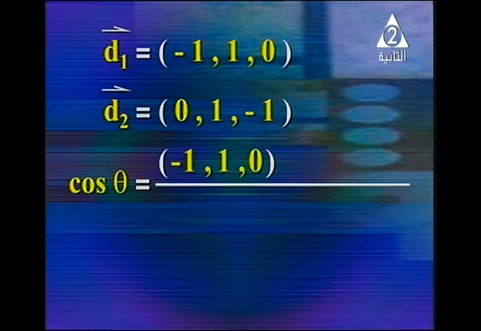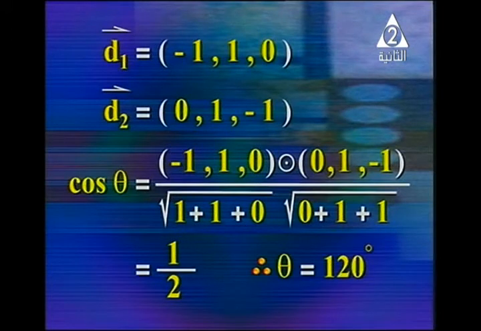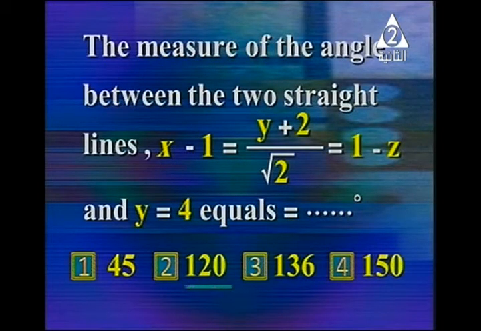By using the rule, cosine theta equals d1 dot d2 over norm of d1 times norm of d2, which equals 1 over 2. What is the angle whose cosine is 1 over 2? Excellent student, 60 degrees or 120 degrees. The correct answer is 120.